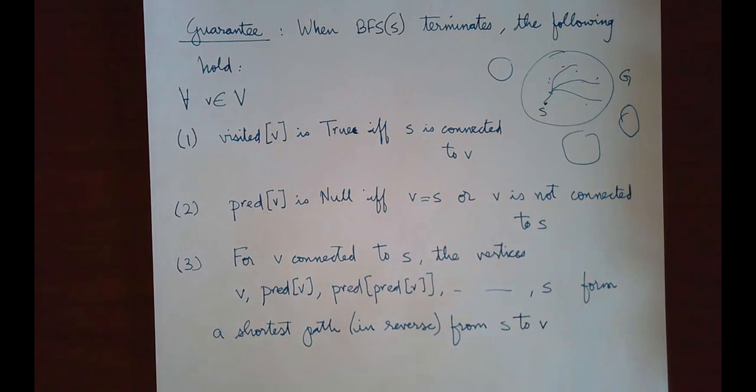So I've just rewritten what the properties of a shortest path tree are, but broken it up in terms of the predecessor pointers.